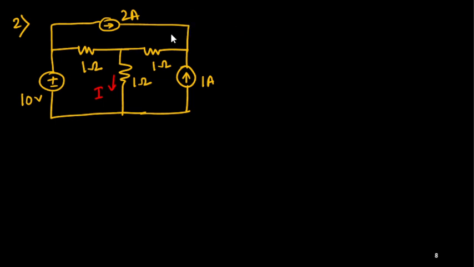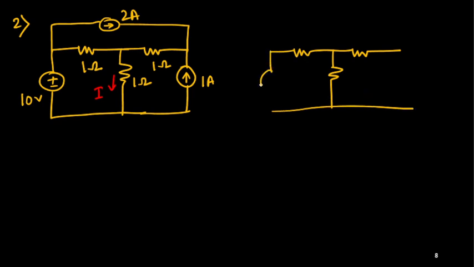Okay, let us redraw this part of the circuit. This is a resistance, this is a resistance, and I have one voltage source here and one current source here. Fine.